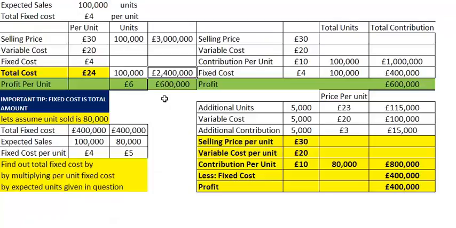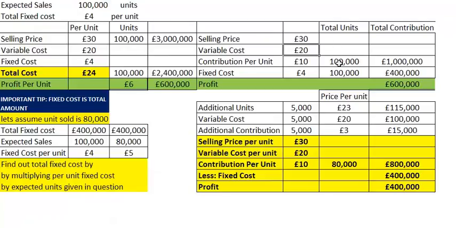Another way of looking at this question is contribution instead of total cost. Our selling price is 30 pound per unit. Variable cost is 20 pound per unit. When we deduct variable cost of 20 pound from sale price of 30 pound, contribution per unit we get is 10 pound.